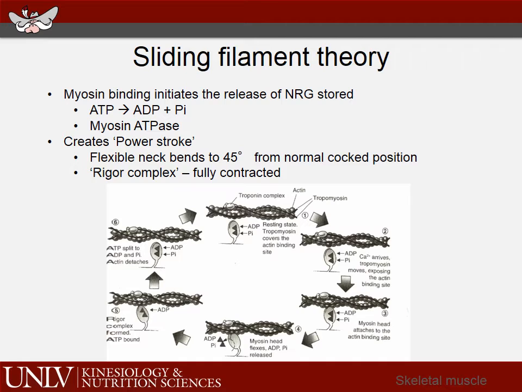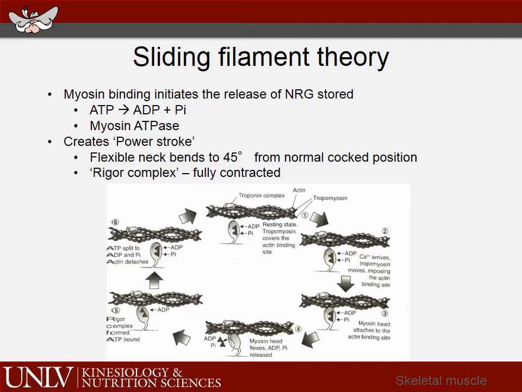The major theory that most people follow when they discuss muscle contraction is the sliding filament theory. Remember that this is a theory. It hasn't been proven unequivocally yet. It's still the overall belief on how this behaves, and this series of events discusses how that happens.